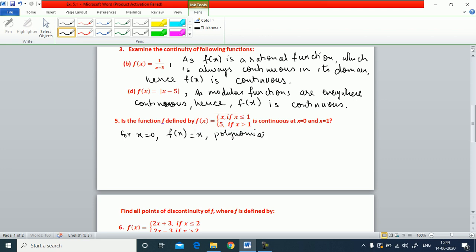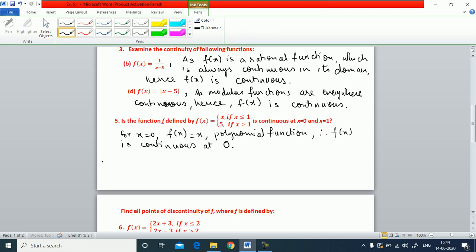And if it is a polynomial function, what can you say about its continuity? We know polynomial functions are everywhere continuous. So therefore, we can say f(x) is continuous at 0. So for 0 we have checked.